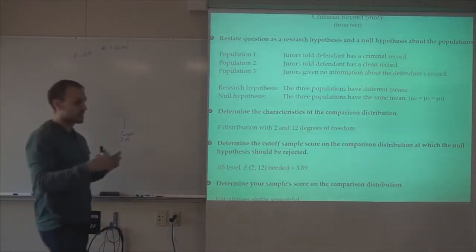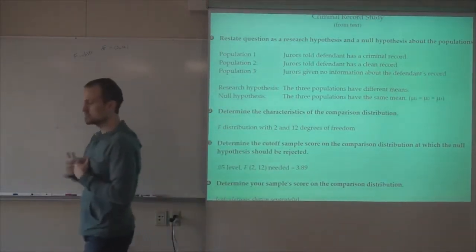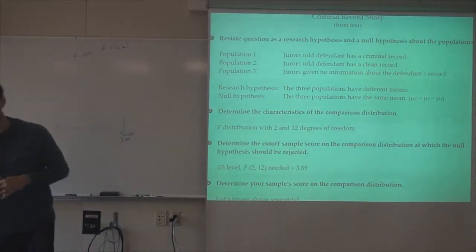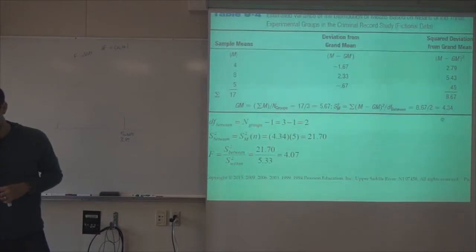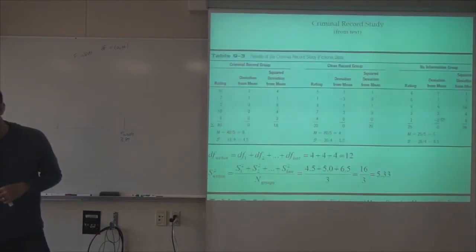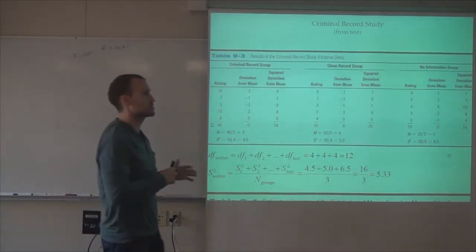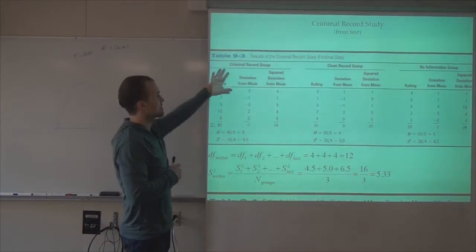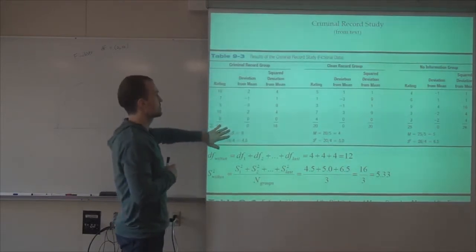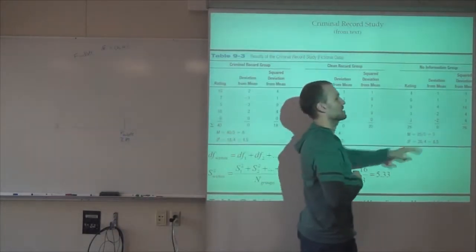And now I have to calculate what the F ratio is from my sample, see how that compares. Do I reject or do I not reject? Okay, so here's my sample. The within groups variance estimate is easier. I'm now going to calculate the variance estimate for population 1, population 2, population 3.